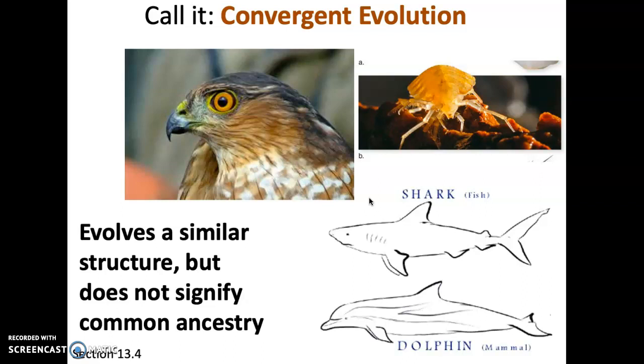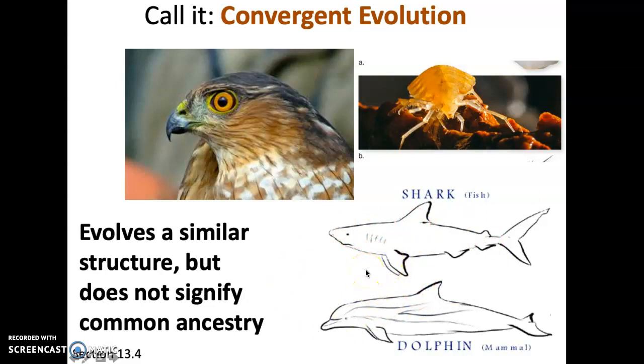So they needed eyes, they needed to see, and so they evolved. They all converged on this structure, which was an eye, but they all did it independently. Just like we think of a shark and a dolphin. A dolphin's a mammal, and a shark is a fish. And if you look at them closely like this, you think, oh wow, they're very similar.